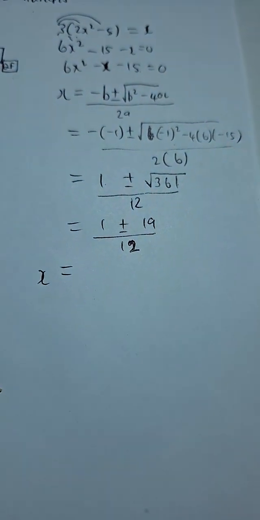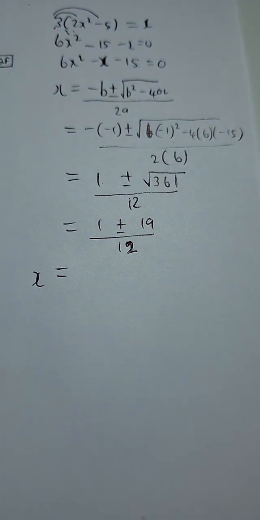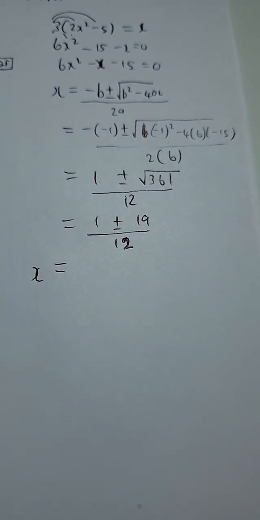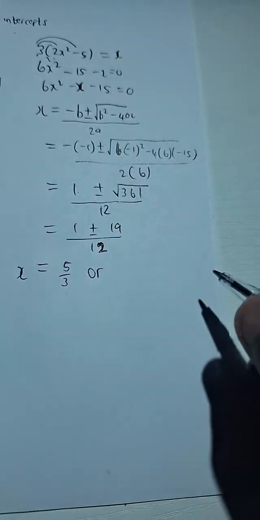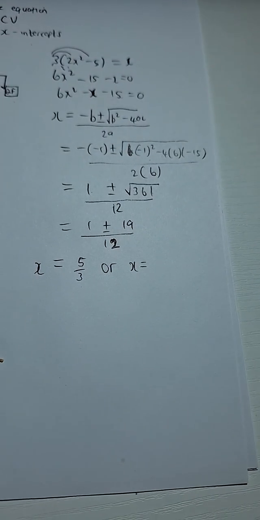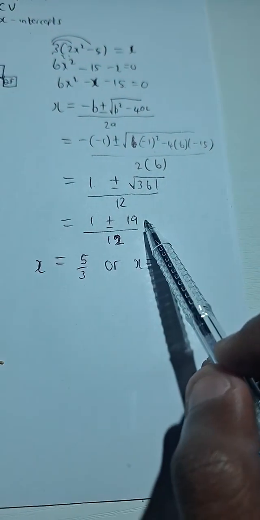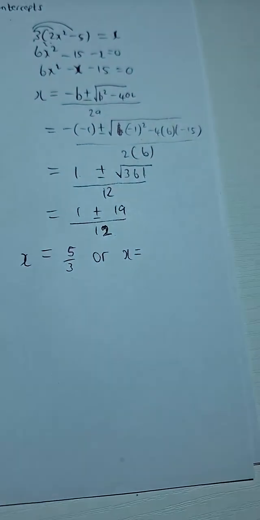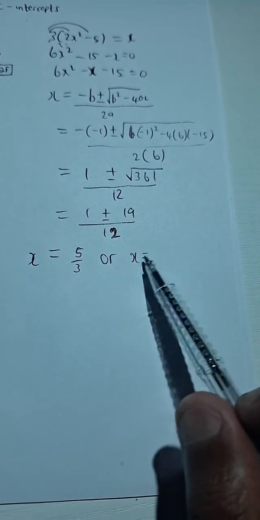Please, guys, if it is a fraction that you get as your answer, you write down the fraction, not the decimal. Okay, so we get 5/3. That's one of the answers. Or x is equal to what? Thank you. So that's when you put the positive. You get 20/12, which is 5/3.